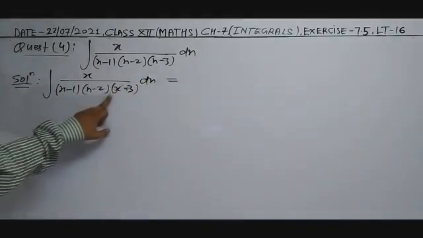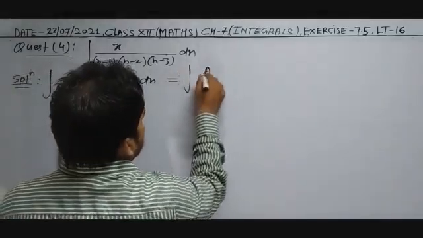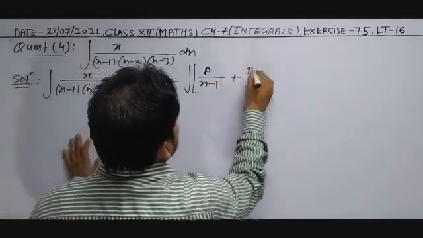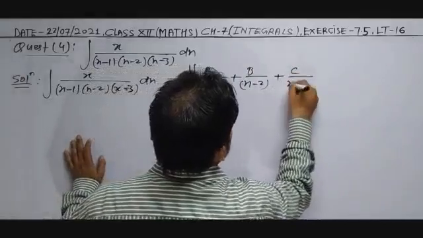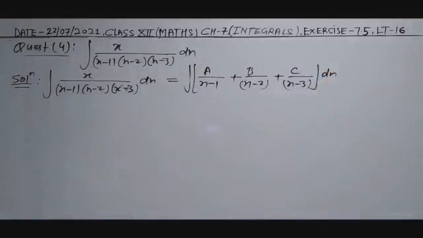All three terms are linear, so this integration I split as a upon x minus 1 plus b upon x minus 2 plus c upon x minus 3, plus c.